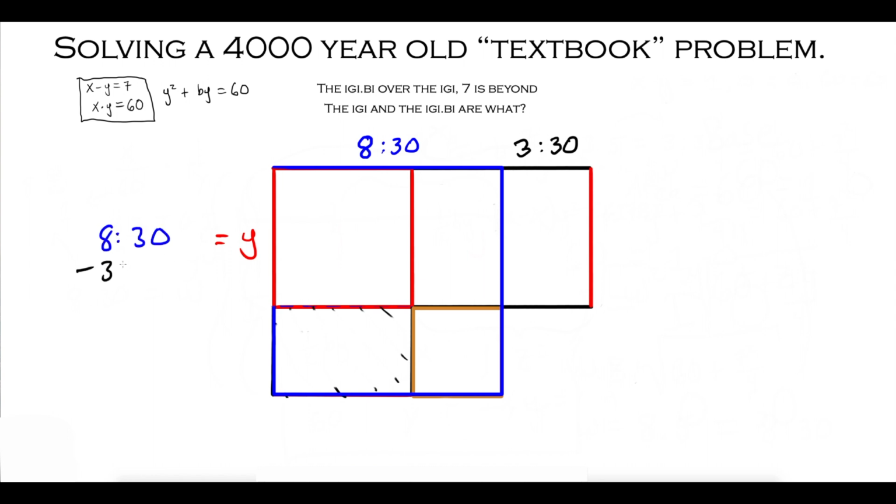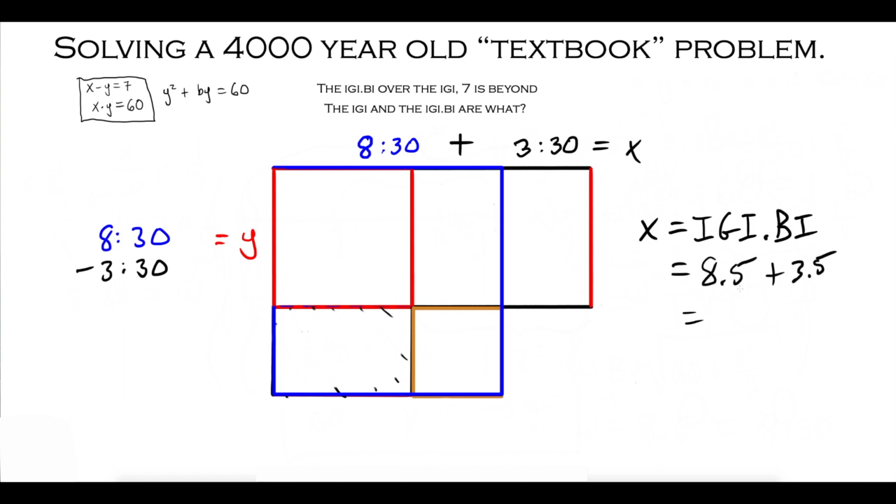And the EGB equals 8 30 plus 3 30. So then the EGB is 8.5 plus 3.5, 12. The EG is 8.5 minus 3.5, which is 5.